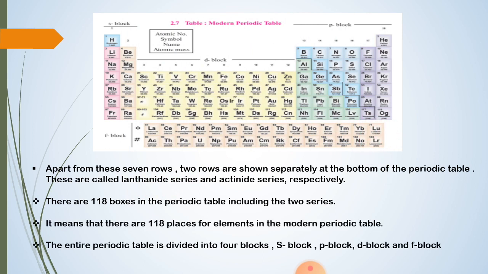It means there are 118 places for elements in the modern periodic table, each box having one element. The entire periodic table is divided into 4 blocks: S block, D block, P block and F block.